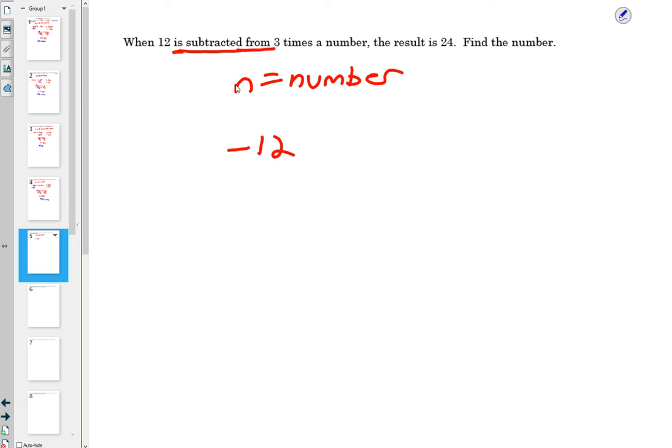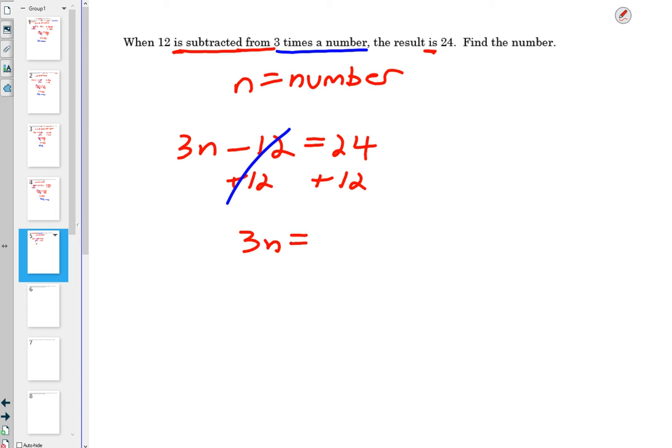That something is 3 times the number. And then again, we see that word is. What does is mean? So plus 12, plus 12. 36, divided by 3.